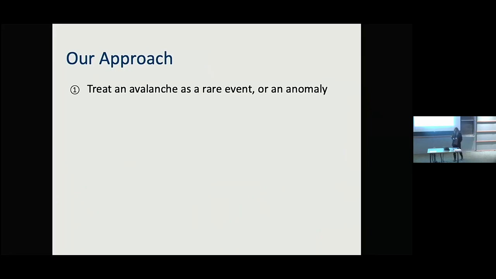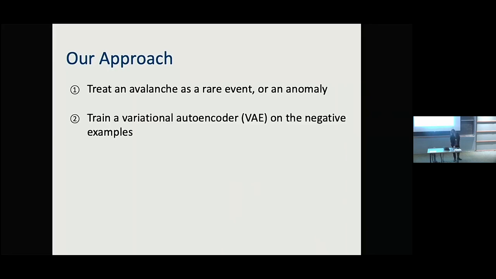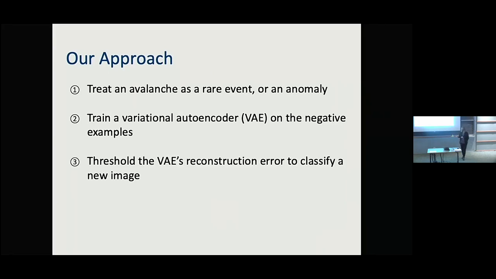And a sort of obvious way to use unsupervised learning would be to learn, in an unsupervised way, a model of the negative class. So patches that don't have avalanche deposits, say fit a VAE on those. And then for that supervised wrapper, we need some rule to classify avalanche or not avalanche.